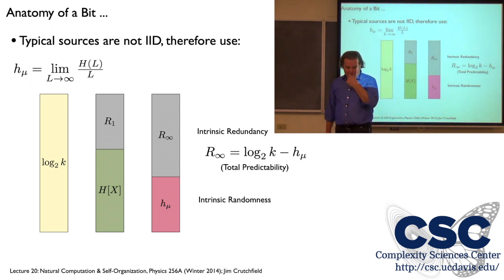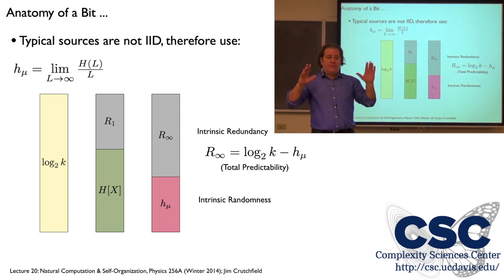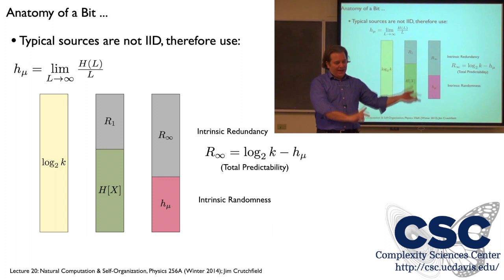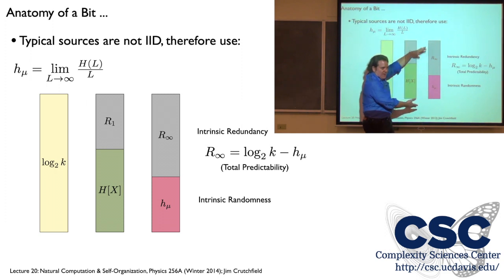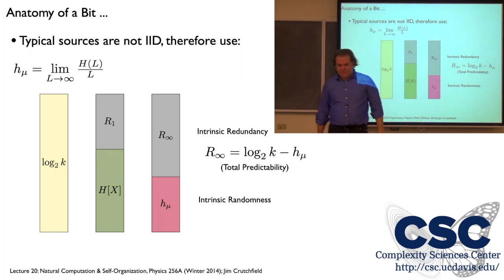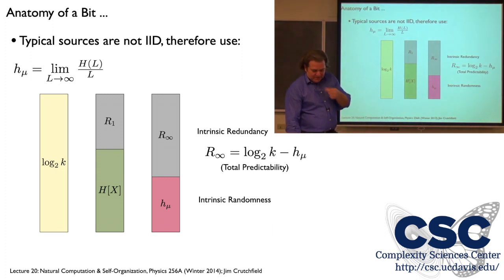So, okay, this is just a setup. I'm recasting discussions we've already had in this way of thinking about raw measurement, and depending upon how we code things up, we can compress better and better until this absolute bottom line of h mu, and then this distance here is going to be the compressibility, what's redundant in the signal. Okay, so today we're going to develop a similar kind of decomposition into informational components in a single measurement.